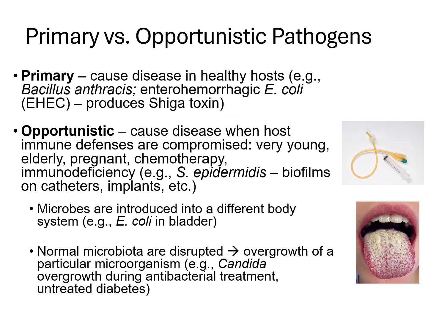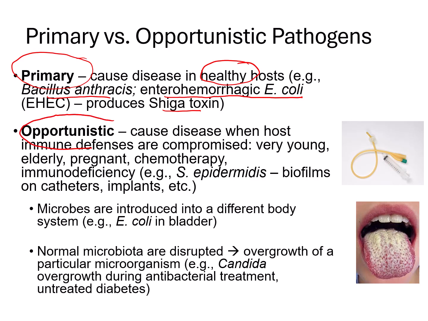It's also important to note that not all pathogens behave the same way. We have primary pathogens that cause disease even in healthy individuals, such as Bacillus anthracis that causes anthrax, or enterohemorrhagic E. coli that produces Shiga toxin.